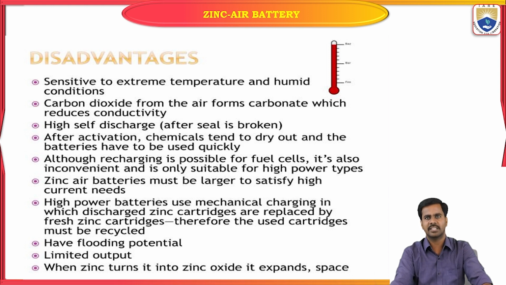High power batteries use mechanical charging, in which discharged zinc cartridges are replaced by fresh zinc cartridges. Therefore, the used cartridges must be recycled, have flooding potentials, and limited output. When zinc turns into zinc oxide, it expands in space.